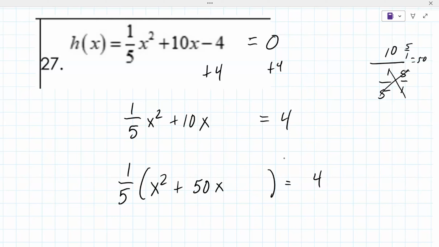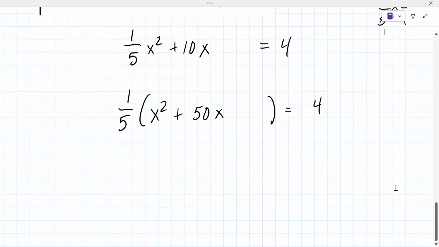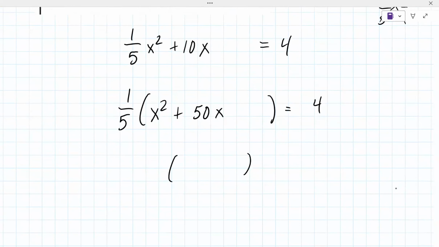Got it. And then in this case, you would put 1/5. Now we have to figure out, from here, it's half of the 50, which is 25, that you divide by two, but then you have to square it. That's a big number, but you are taking a fifth of it.